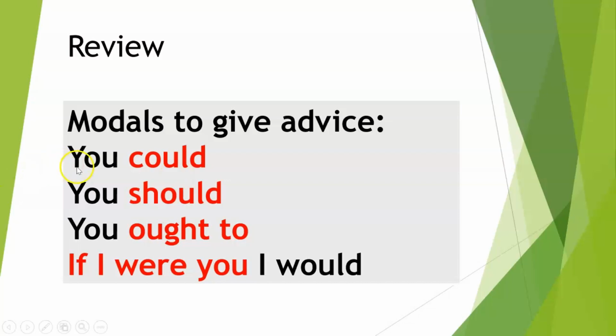We can say you could, you should, you ought to, and then we can say if I were you, I would. So again, the would is really the modal verb, but this is kind of like an expression that we can use when giving advice.